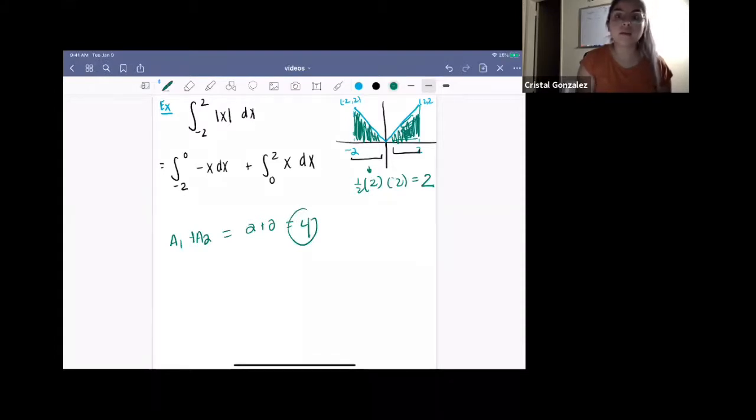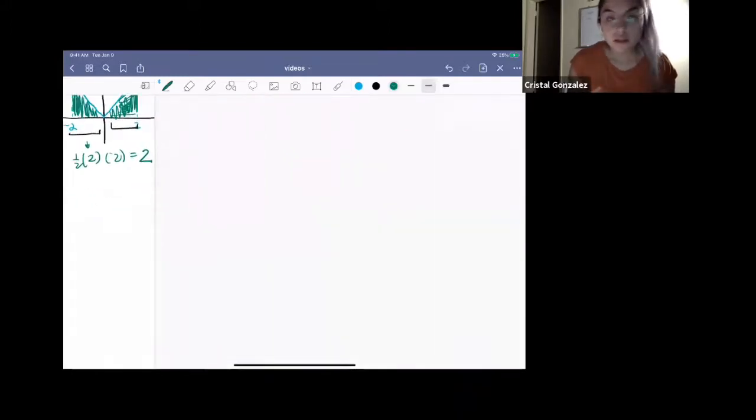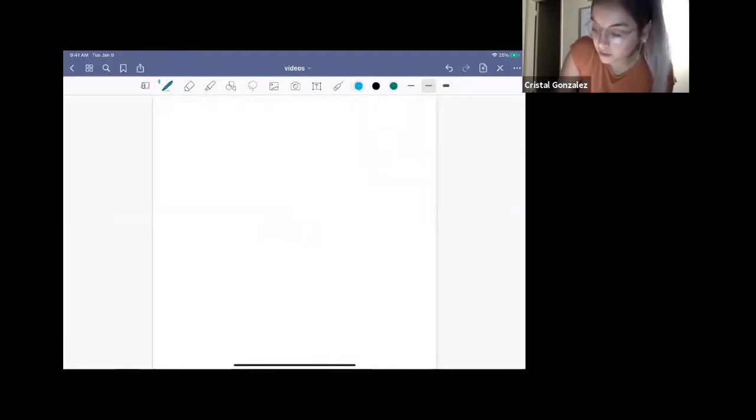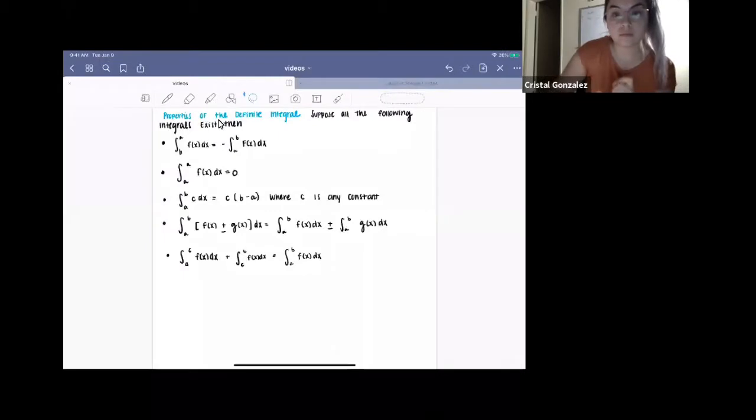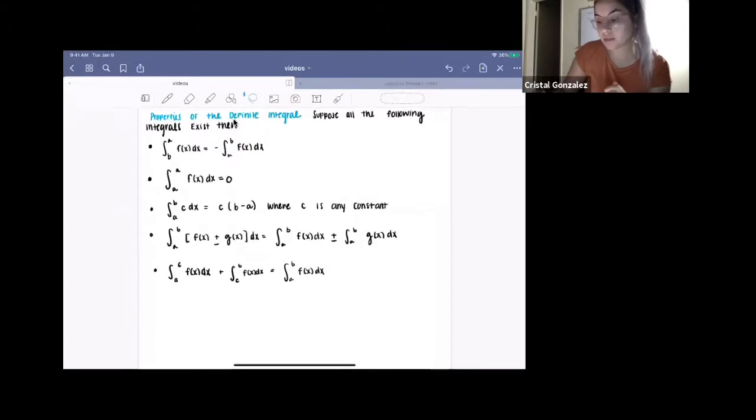Now what I'm going to do is I'm actually going to go over properties of the definite integral. So for our properties of the definite integral, I went ahead and wrote them all so that I save some time.